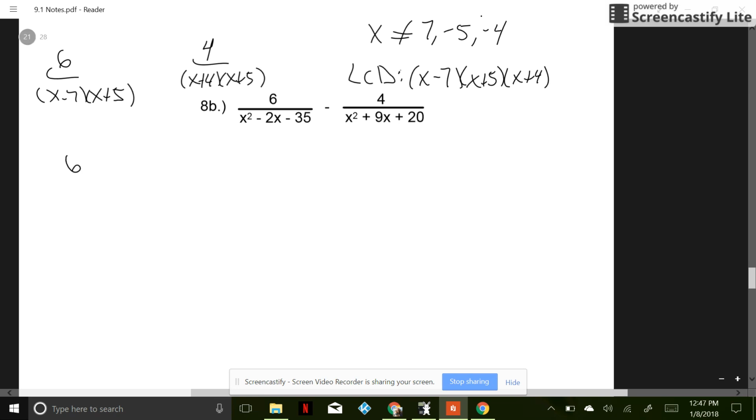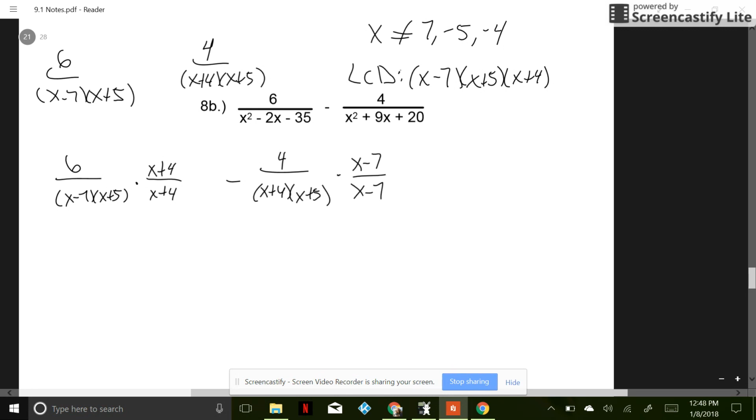So we've got the 6 over x minus 7, x plus 5. So that's missing the x plus 4 piece. And then we're subtracting the 4 over x plus 4, x plus 5. And that denominator is missing the x minus 7, so that's what gets multiplied there.